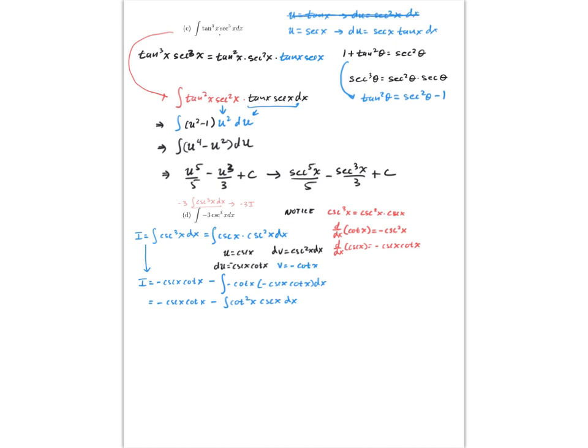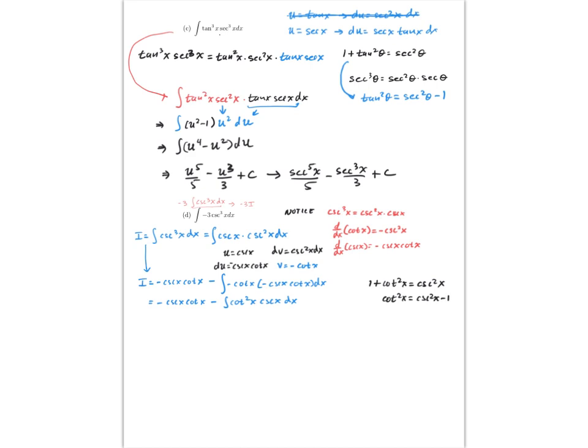Now from here, notice another identity, 1 plus cotangent squared is equal to cosecant squared. So that means that cotangent squared is equal to cosecant squared minus 1.